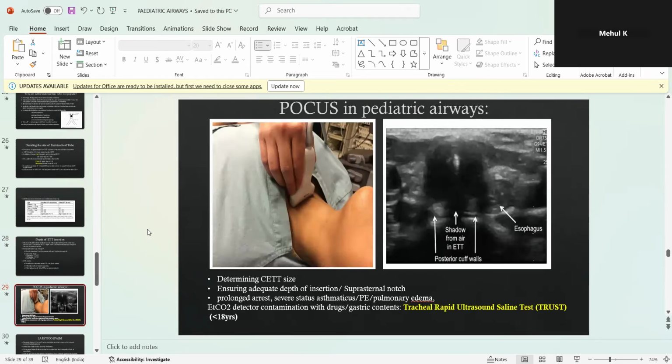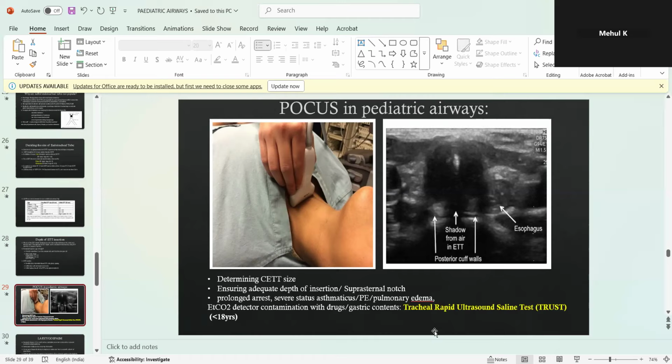Still, you can quickly perform a POCUS, point of care ultrasound, to understand the depth of insertion of airway devices in the pediatric population. You can use POCUS to determine the size of the cuffed endotracheal tube and to ensure adequate depth of insertion, and there is the recent concept of TRUST, the tracheal rapid ultrasound test.